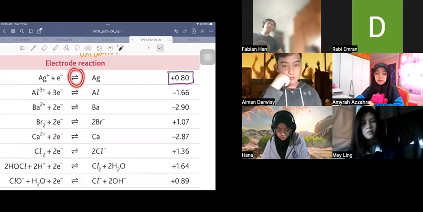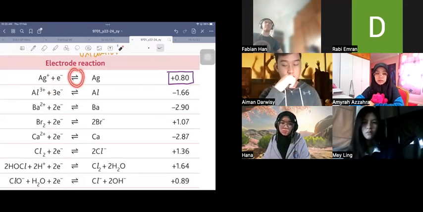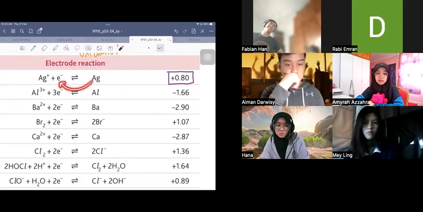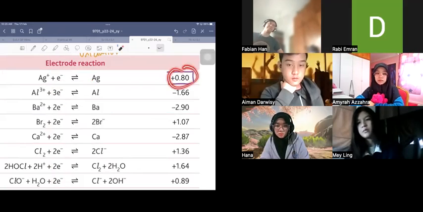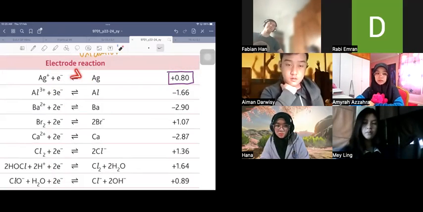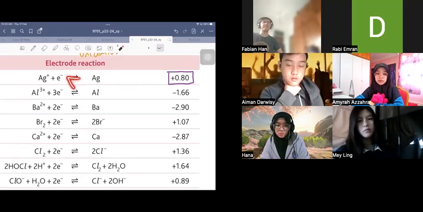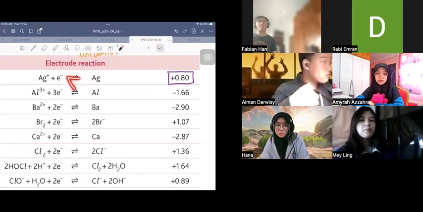Notice that it's a reversible arrow, so the forward reaction is a reduction process because you gain electrons, and the reverse reaction is oxidation because you release electrons. The numbers represent forward to be positive 0.80, and the reverse, the oxidation process, will be negative 0.80.